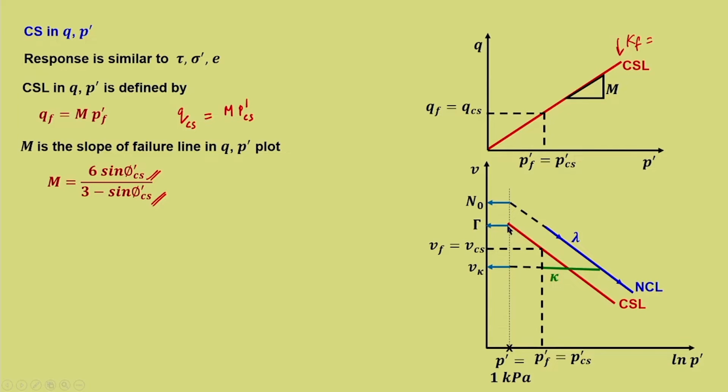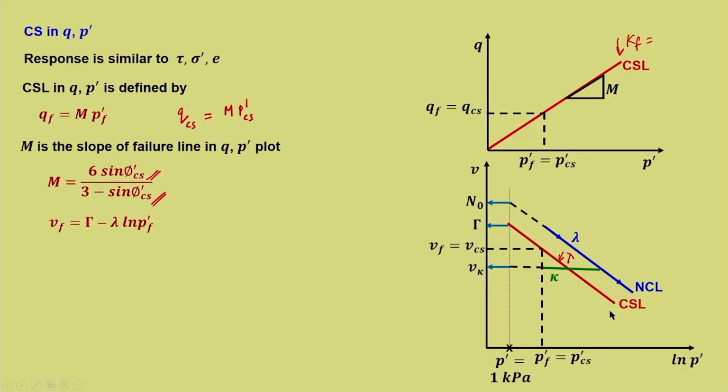So, all the initial states of the lines have been defined, based on which the equations for the NCL and critical state line can be written. We can write the equation for the critical state line in V ln p dash as gamma, that is this point, minus lambda, because the slope is also lambda, times ln p dash f.